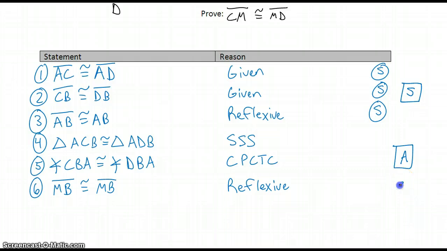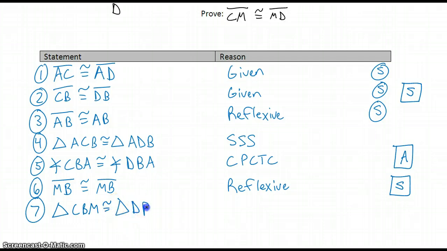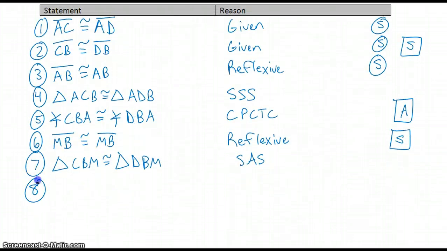And MB is congruent to itself. So now I know that triangle CBM is congruent to triangle DBM by side, angle, side. And by CPCTC, CM will be congruent to MD.